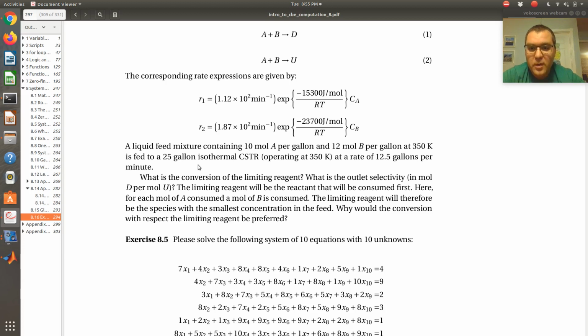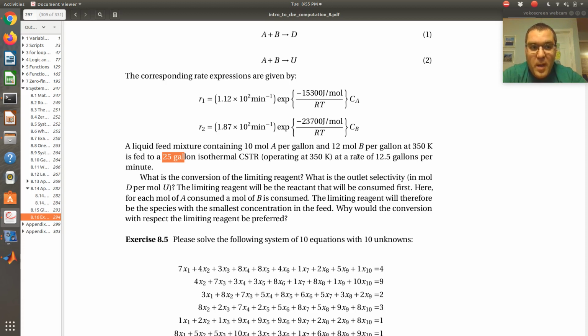Here, though, we're already given a value of tau, right? So we're told that we have a 25-gallon CSTR, and that our inlet volumetric flow rate is 12.5 gallons per minute. So essentially, in this problem, you're given a value of tau, so you're solving for a specific value of tau.